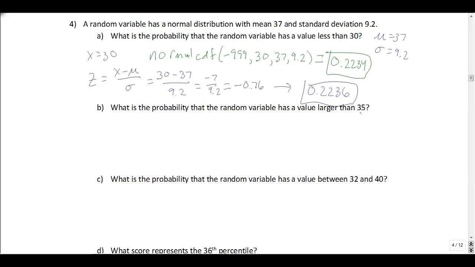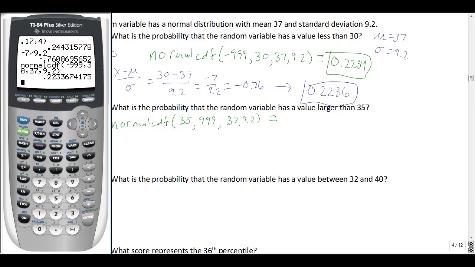Let's do both of these again for B. So for B, let's use the normal CDF. What is the probability the random variable has a value larger than 35? So what I'm going to do here is normal CDF. Now larger than 35 means I start at 35 and I go up to, say, 999. And then mean is 37, standard deviation is 9.2.